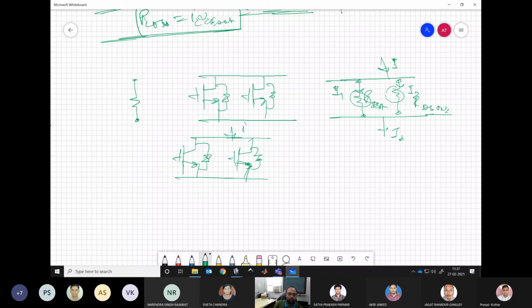If one is turning on first, then there will be more current flowing through this and there will be more losses associated with that, which may further keep on dragging the device towards that end. And that's why this paralleling is very, very difficult.